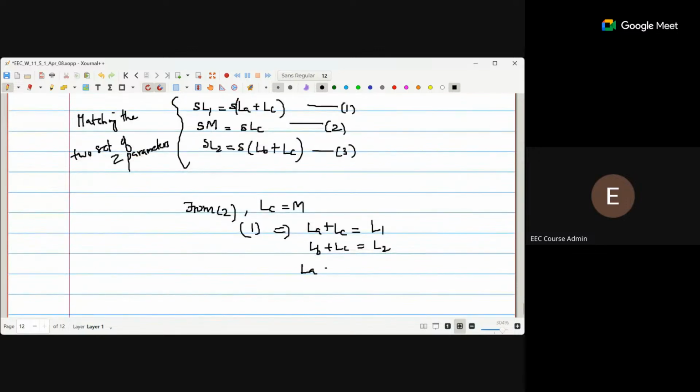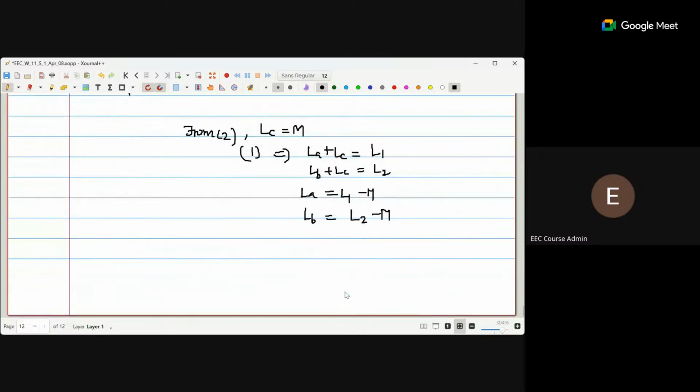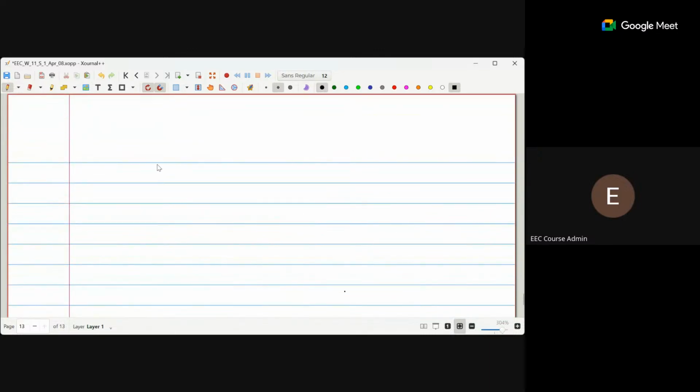So LA will be L1 minus M, LB will be L2 minus M. So your electrical equivalent will be LA equal to L1 minus M, LB equal to L2 minus M, LC equal to M.